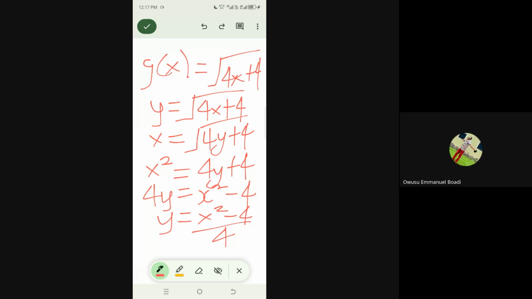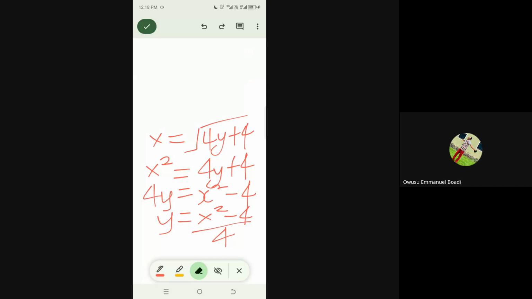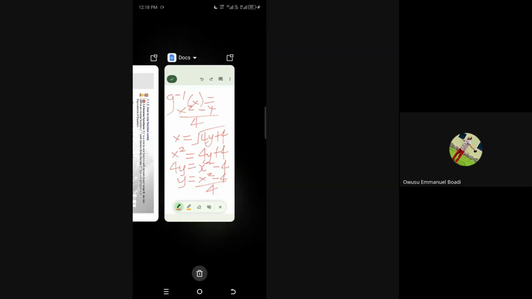Yes. Okay. So now g inverse of x is equal to x squared minus 4 all over 4. Are we okay now? But someone said he didn't get this. Anyway, let's find g inverse of 4.